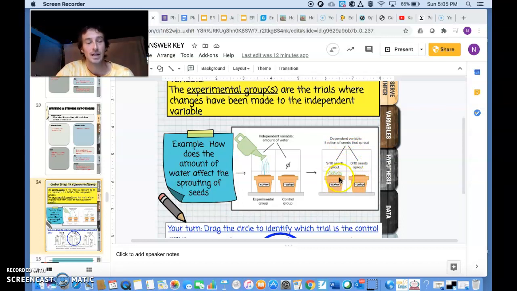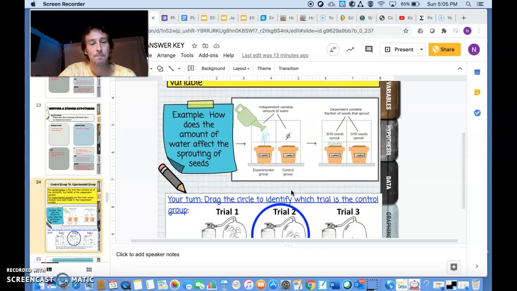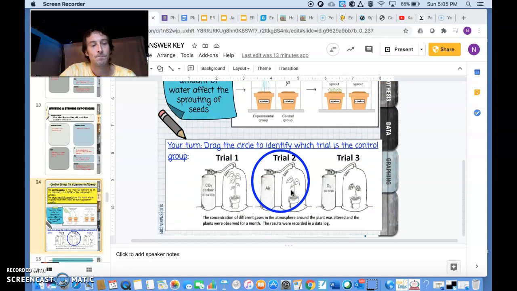Well, 9 out of 10 came up in the case where water was added. 0 out of 10 came up where no water was added in our control group. But everything else was the same in that control group. We had the seeds, the same soil, the same pot. Everything but the water was applied to that pot. All right, there you go.